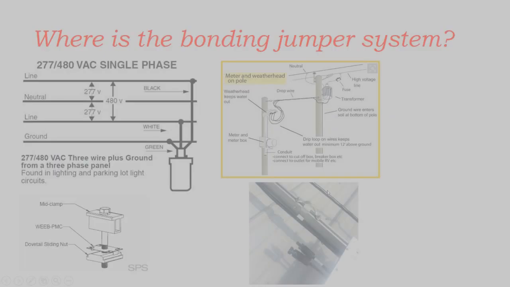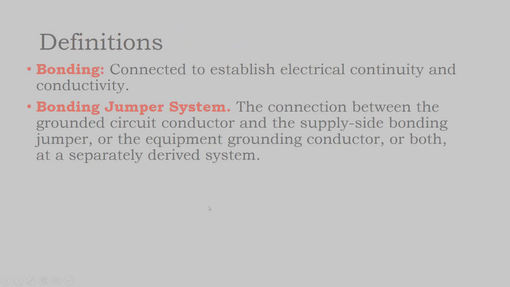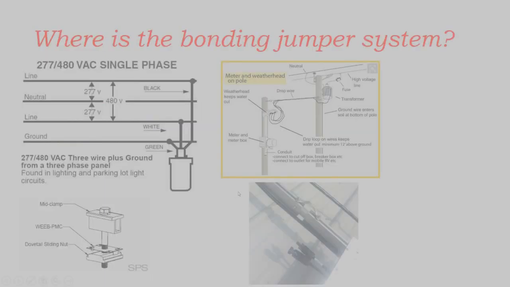Anyway, we're going to come back to where the bonding jumper system is located. But what I want you to think about right now is that all of the metal parts on your systems must be bonded together. Now, there are different requirements for when you're under 250 volts and over 250 volts.